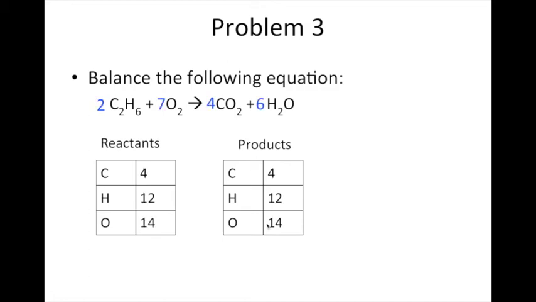So my final answer is going to be 2 in front of my C2H6, 7 to give me 14 oxygens, a 4 in front of my carbon dioxide, and a 6 in front of my water. So my final numbers, I have 4 carbons on each side, 12 hydrogens, and 14 oxygen atoms on both sides of my reaction. So this would be my final balanced equation.